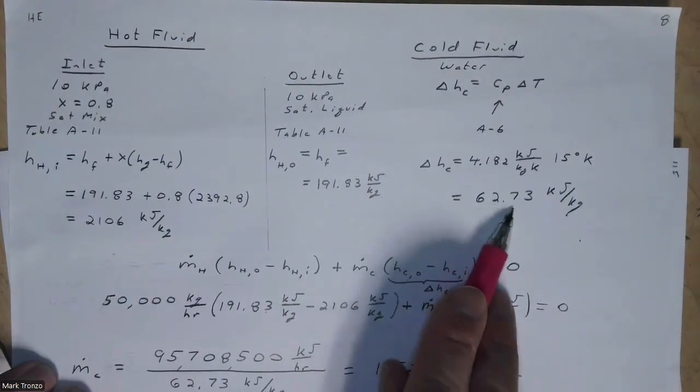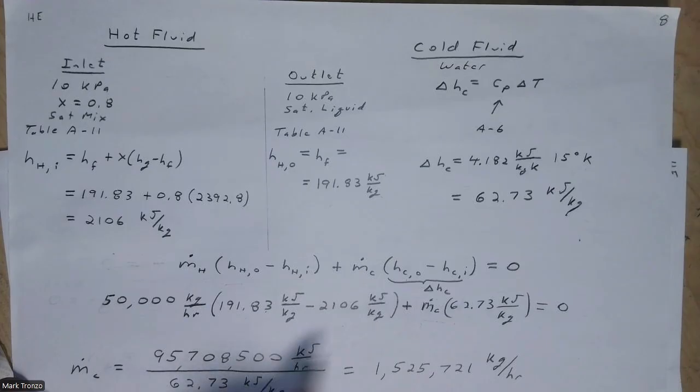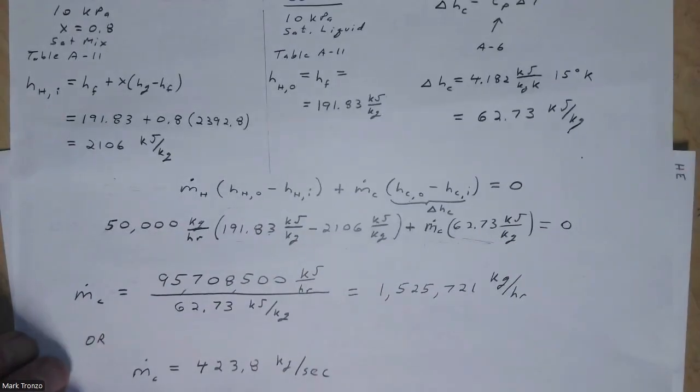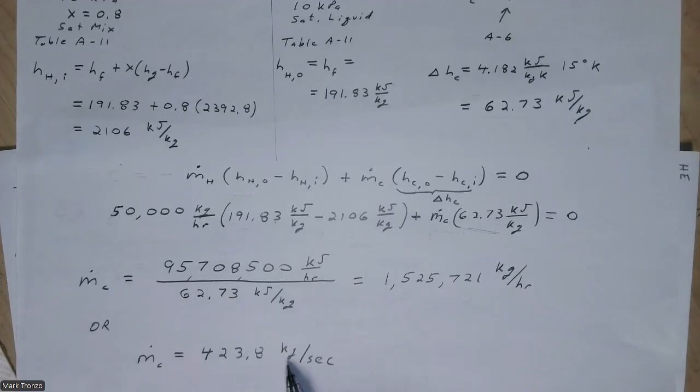And putting the 62.73 in here and getting this, then go ahead and just solve everything for m_c dot. And again, notice this is going to be a negative here. When we bring it to the other side, it will become positive. Then we'll divide by the 62.73. And then the flow rate required is 1.5 million kilograms per hour. Or if you divide that by 3600, it's 423 kilograms per second.